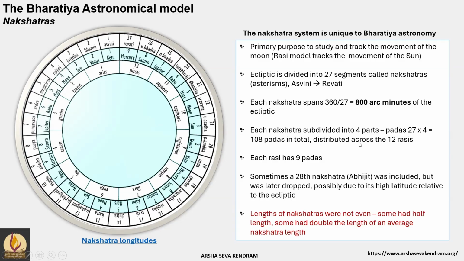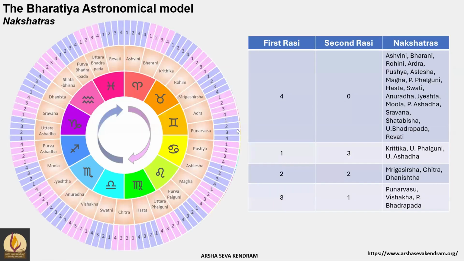And each nakshatra is further subdivided into four parts. So there are 108 padas in total across the 360 degrees and across the 12 rashis. This is a slightly more fine-grained version of the nakshatra padas.